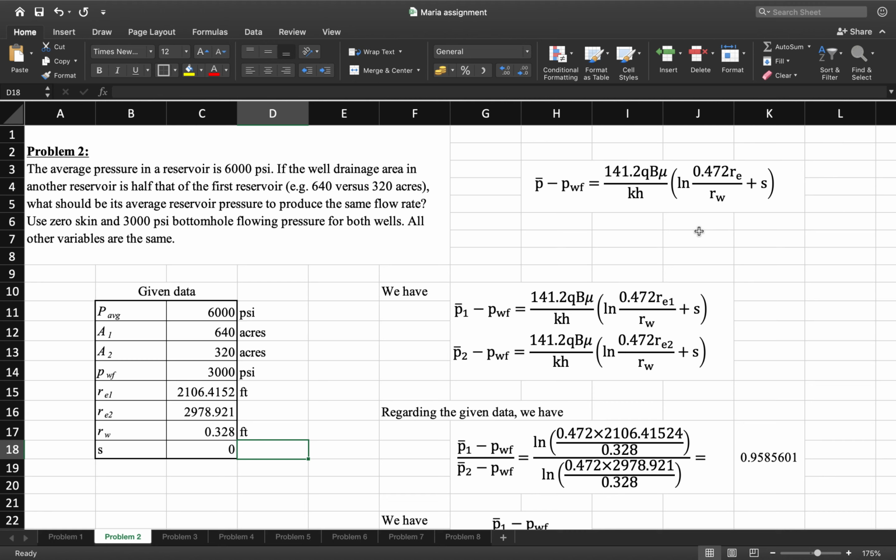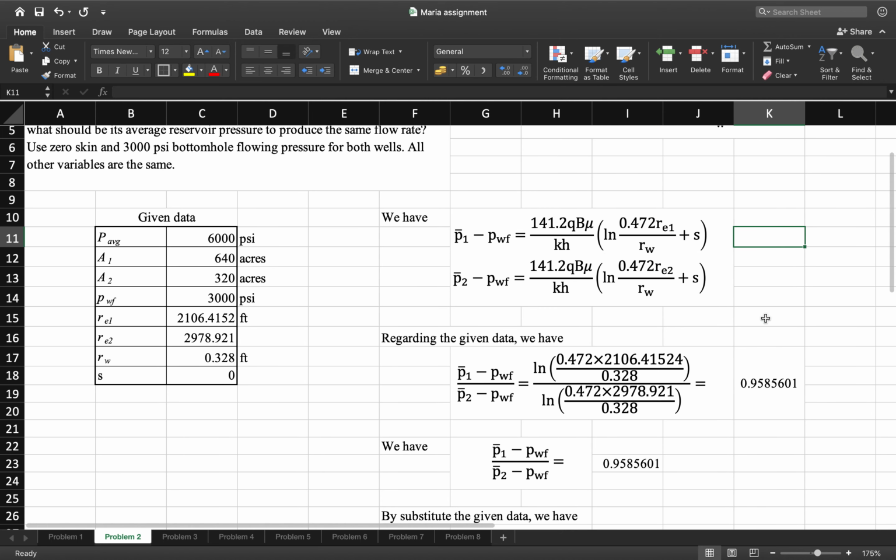So it means that you will have two average pressures, average pressure 1 and average pressure 2, with the same other parameters and also the same bottom hole pressure. So you will have this one with a difference in the radius of the reservoir.